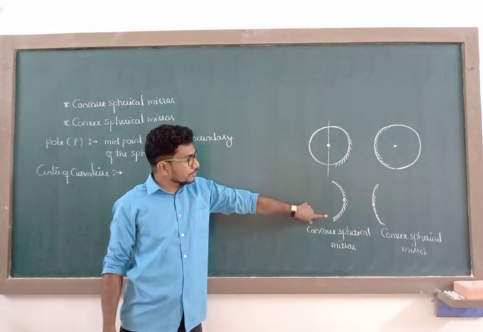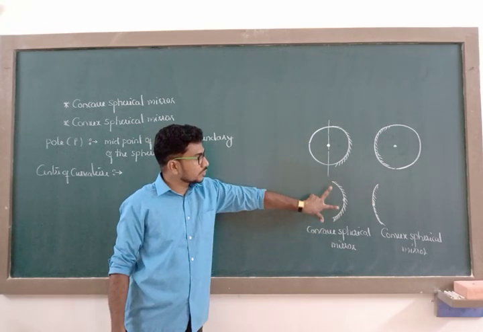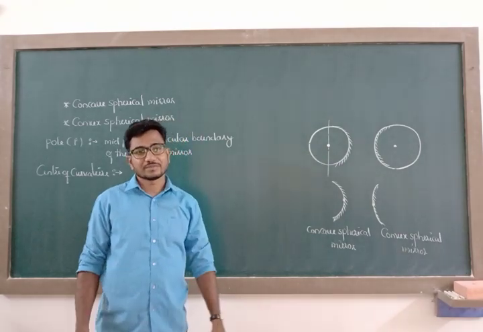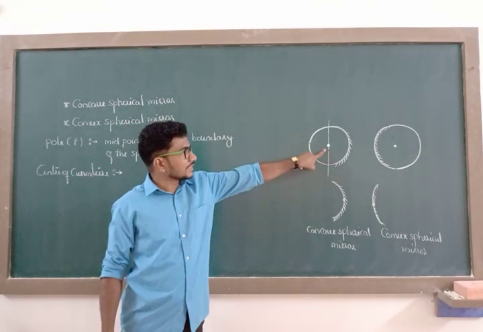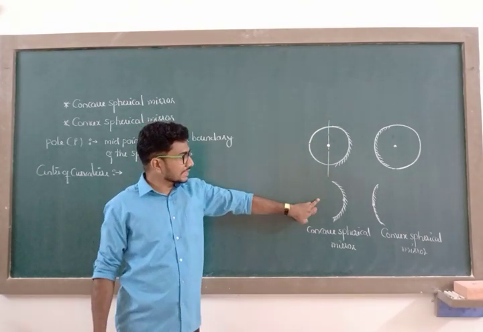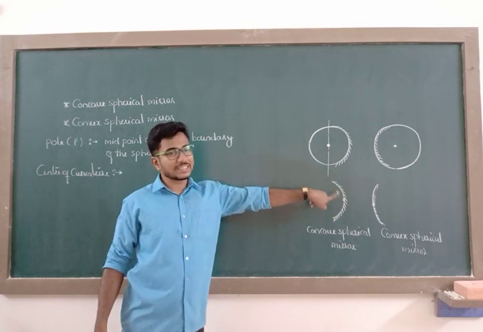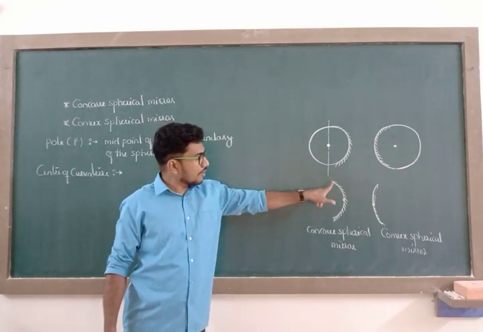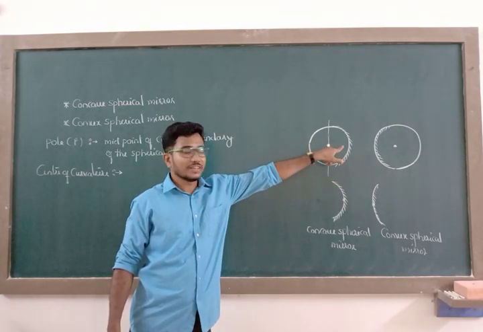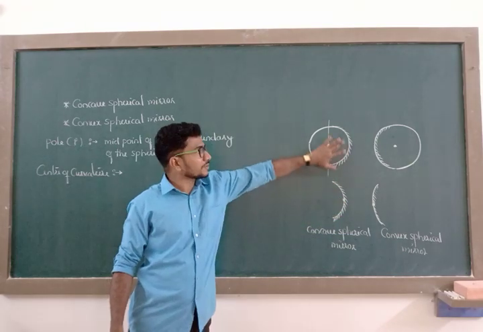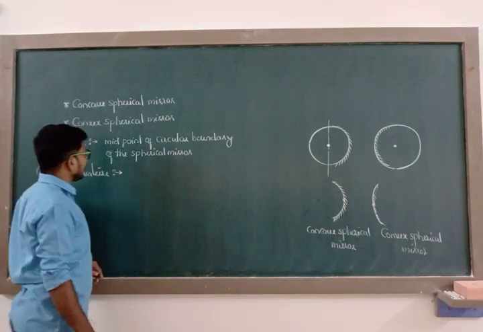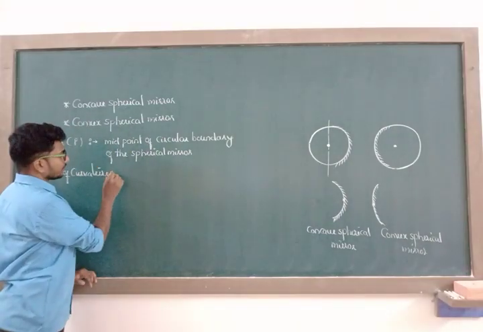Here, if you proceed these two edges, we will get this sphere. So this is the center of this sphere. Similarly, we will get the center of curvature here. Center of curvature is nothing but the center of the sphere of which this spherical mirror forms a part, and it is represented by capital C.